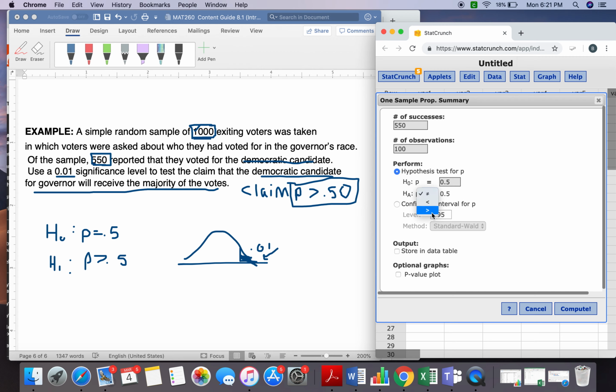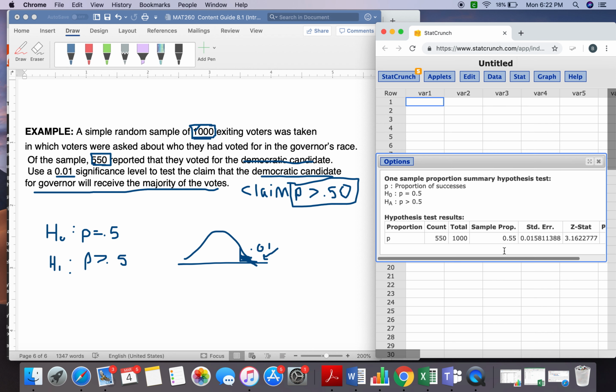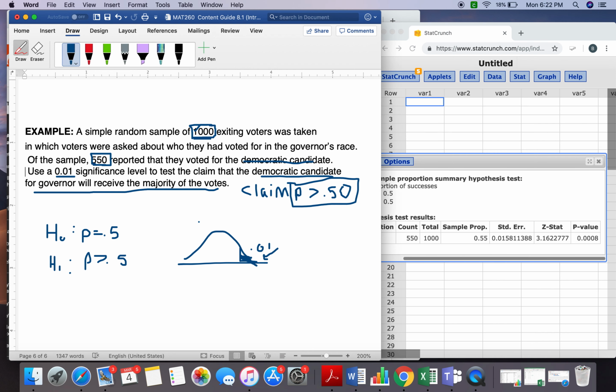And we want to know if it's greater than 0.5. The 0.5 was already there, so we can just leave that. And we want to know greater than. So 550, 1,000. I forgot the 0 there. Compute. And we get a p-value of 0.0008.